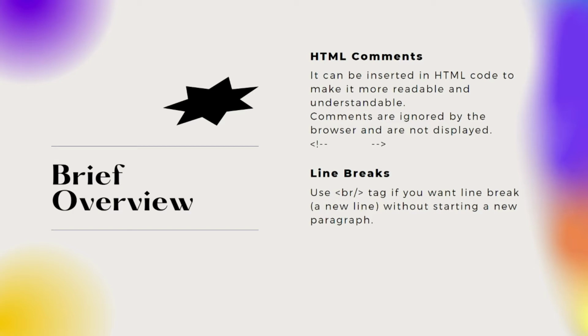For the same purpose, within HTML also we have a particular tag with the help of which we are able to define comments within our HTML document. It is inserted within the HTML code so that it makes it easier for us to understand that particular code.